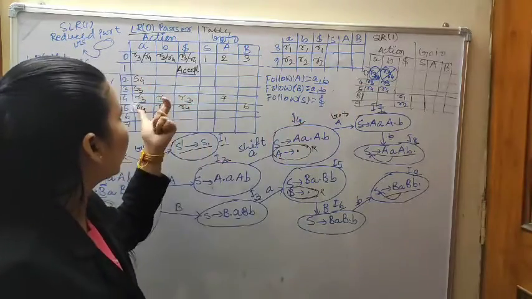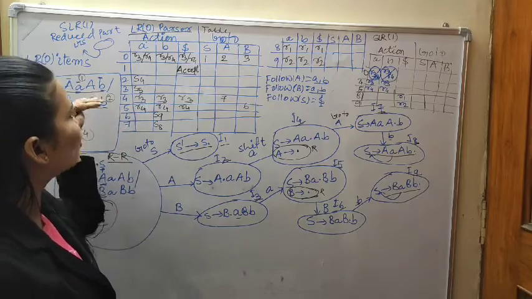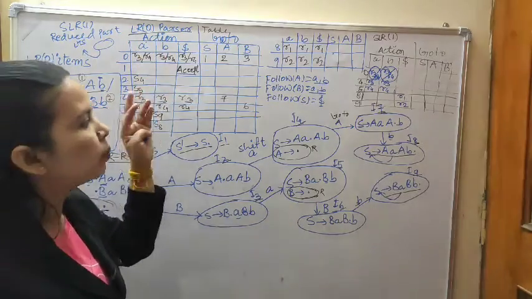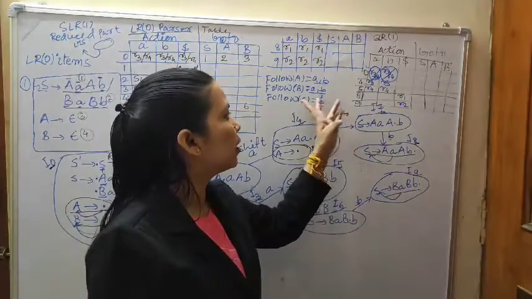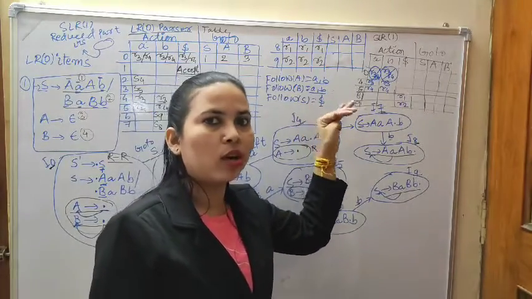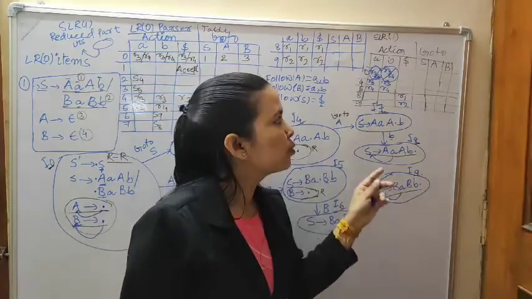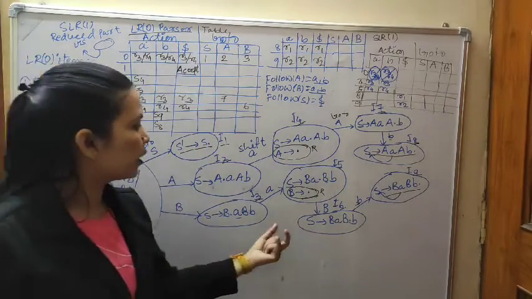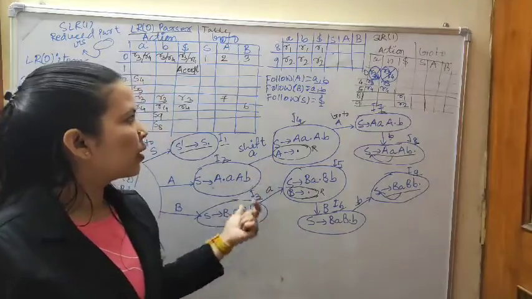Why? Because in the LR0 parser table, in the reduced form we are writing in every place, every action part, but in SLR1 we are writing only in the follow of that production. Okay, so these are the two. Now if you want to write it, then pause the video and write it.